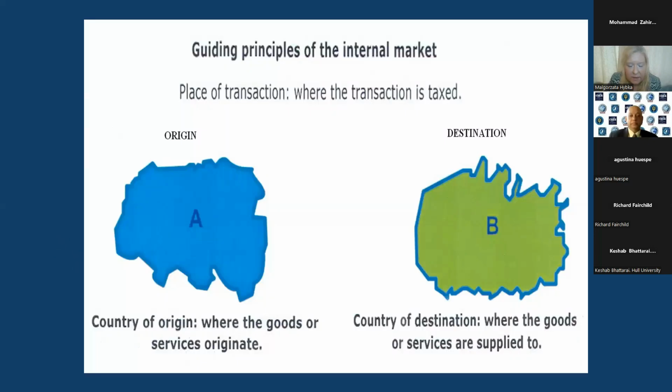If we think about commodity taxation, and commodities are moved from one country to another, of course there are two possibilities.